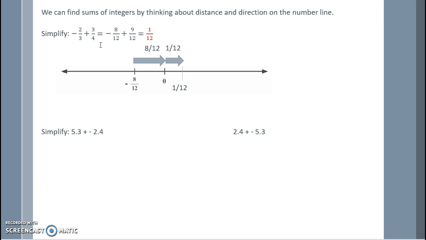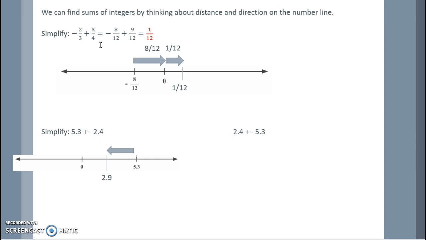Similarly, thinking of 5 and 3/10 plus negative 2 and 4/10, if I start at 5 and 3/10, I need to add a distance of negative 2 and 4/10. I know that I'm not going to quite reach 0 yet because 5 is much greater than 2. So ideally this just turns into a subtraction problem to get 2 and 9/10.